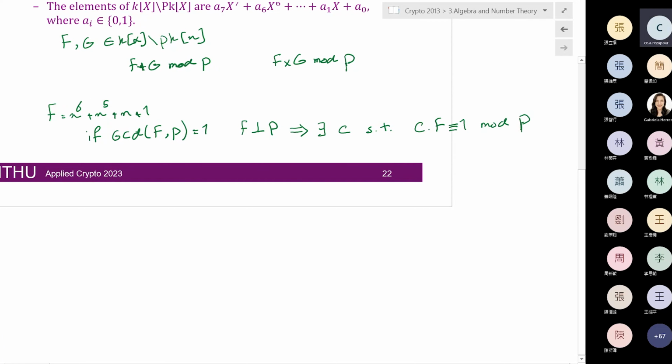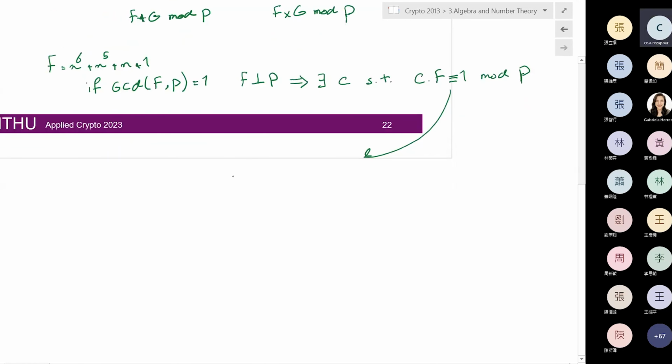So even for polynomials, I would have an inverse. And if you remember, in the inverse column operation in AES, we have done this computation and we found the inverse. So this implies that there is a polynomial C times f plus some other polynomial, let's say D times p, which is going to be equal to 1 mod this polynomial p. And that implies that C is the inverse of this polynomial f that I have.